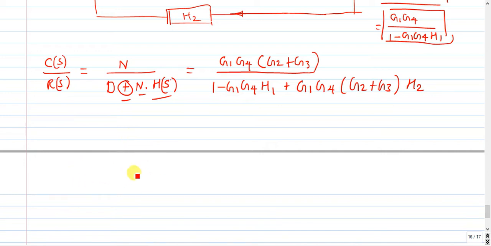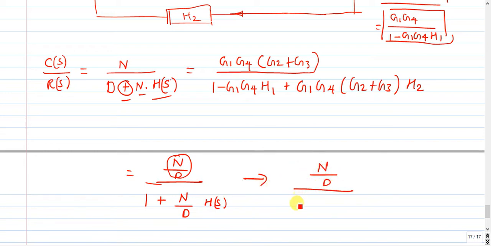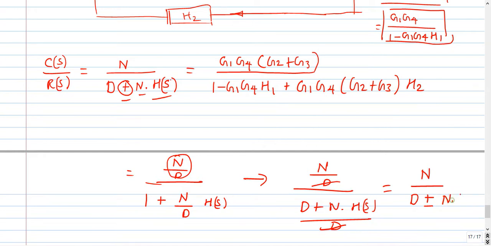If you consider this as numerator and denominator, the final numerator by denominator by 1, so this is complete G of S, 1, we have a negative sign, this will become plus numerator by denominator into H of S. So finally, numerator by denominator D plus N into H of S, the denominator always gets cancelled, and finally you will end up with numerator divided by denominator plus or minus, depending on the sign, numerator into H of S. This is how you can rewrite.